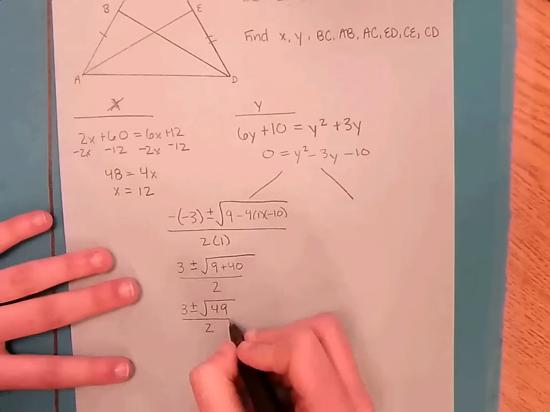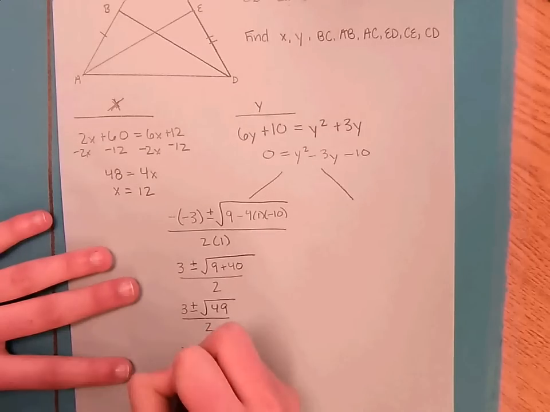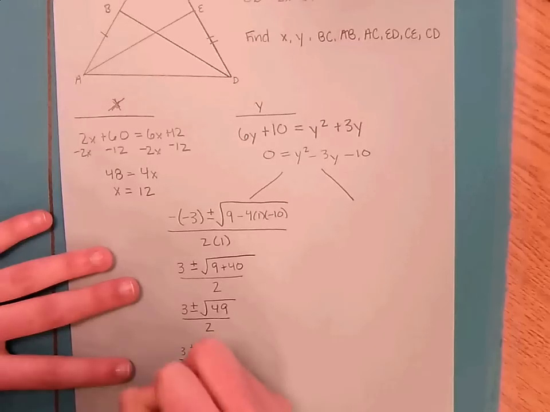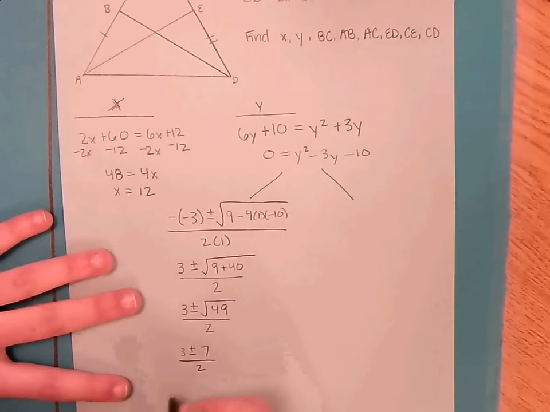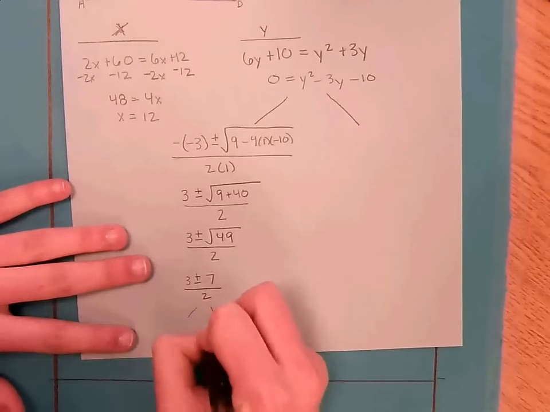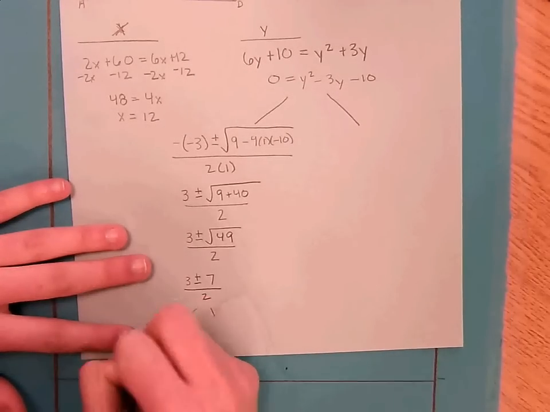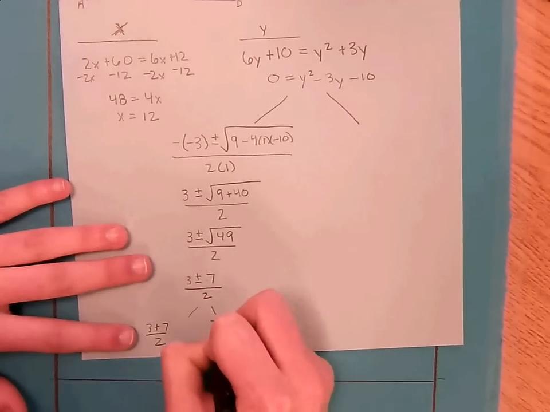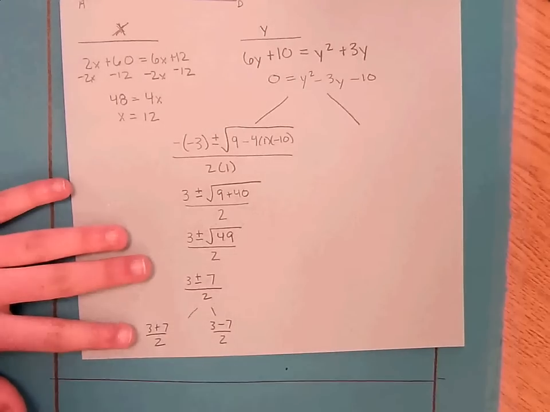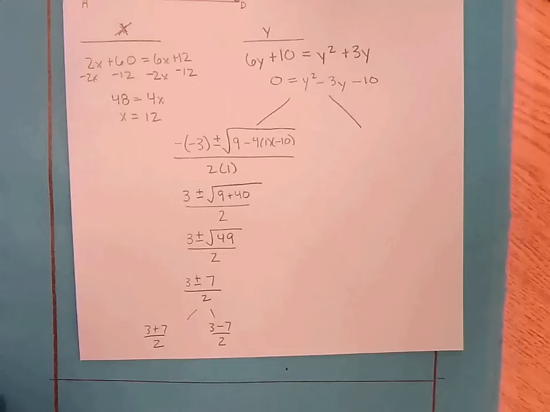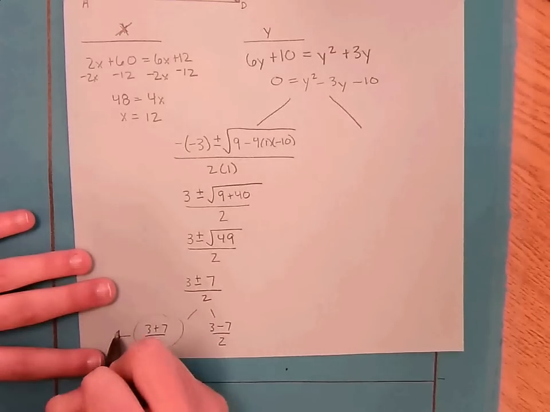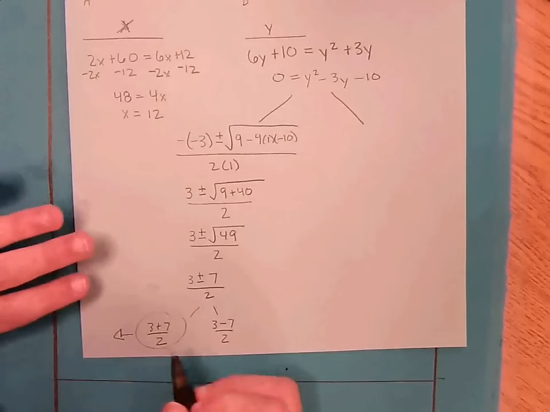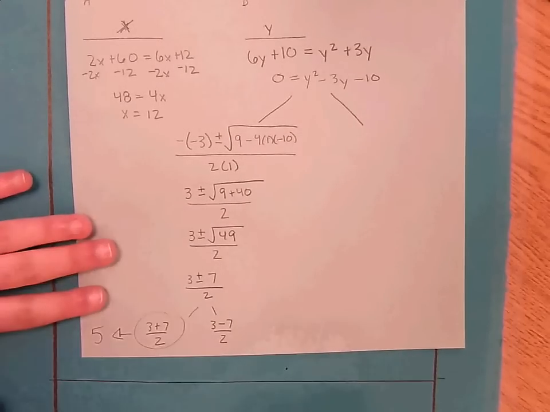Now the square root of 49 is 7. So 3 plus and minus 7 over 2. This plus or minus you cannot ignore, because you have to separate it and do 3 plus 7 divided by 2 and 3 minus 7 divided by 2. So it really does matter that you have it. 3 plus 7 is 10 divided by 2, and that will give you 5.